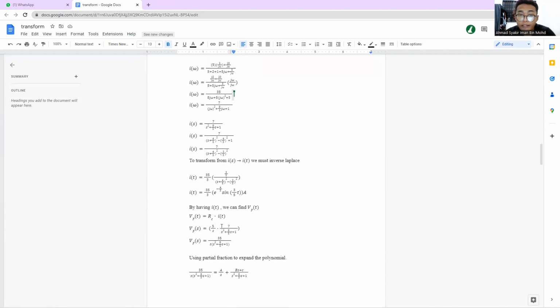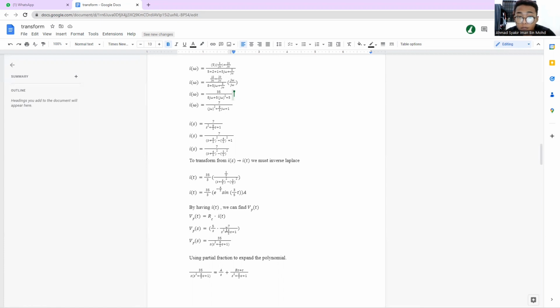So by having I(t), we can find the VF(t). So the VF(t) equation is VF(t) equal to R_C times I(t). So we got the R value is 5 over s and the I(t) value is this one.